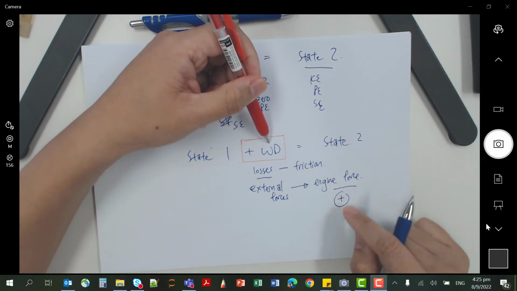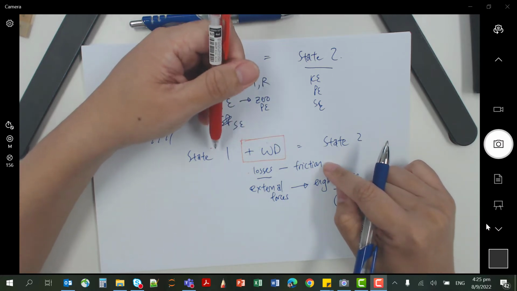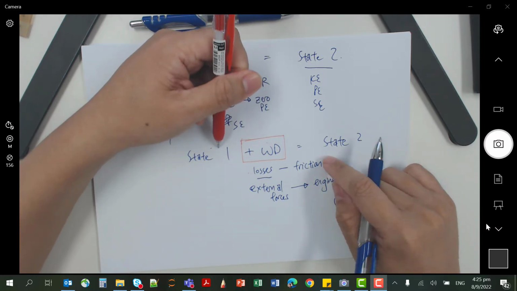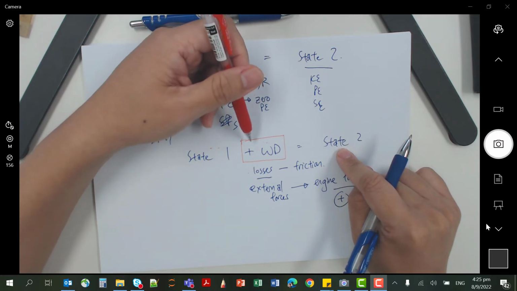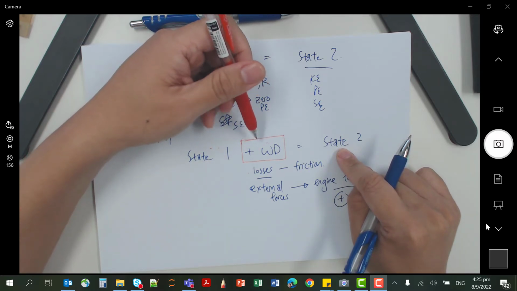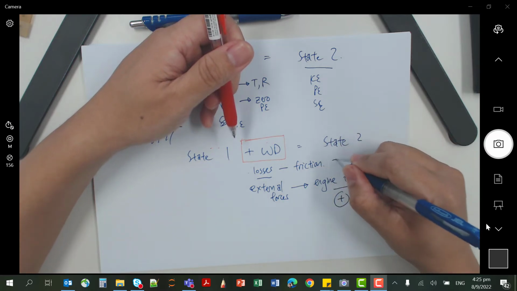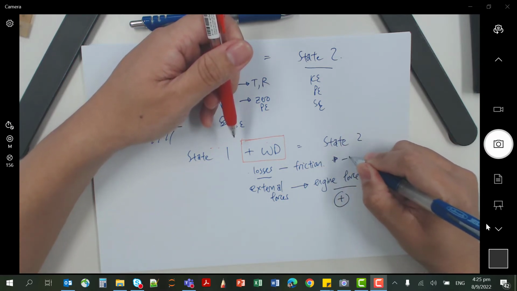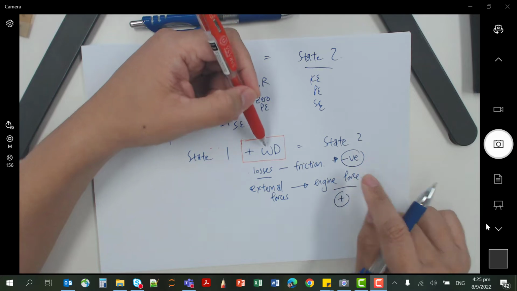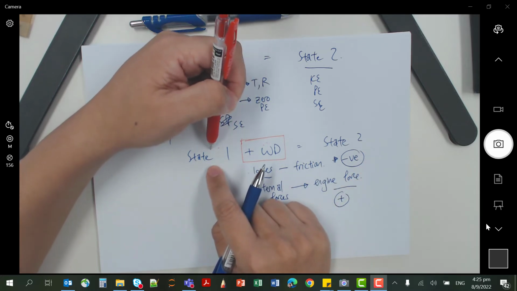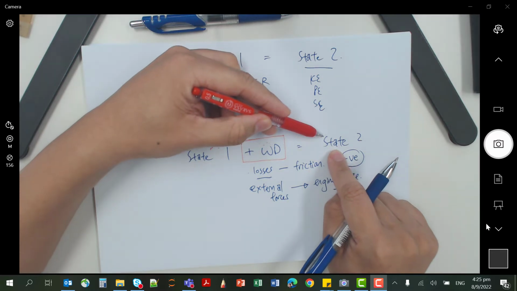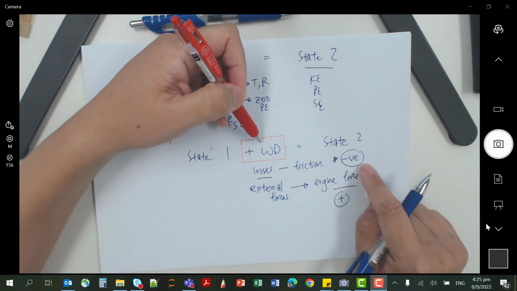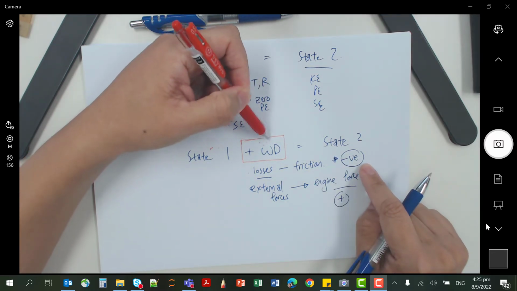But if you look at friction, from the initial state until the final state, along the way it loses energy to friction, right? So the work done is actually a negative kind of work done. It takes away the initial energy, and it leaves you with the final. So that's why friction would be a negative energy.